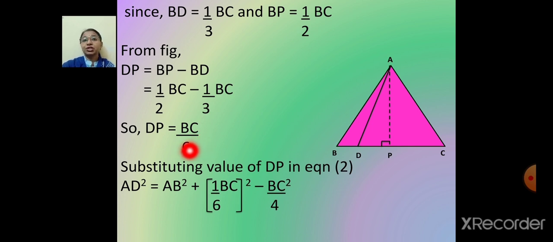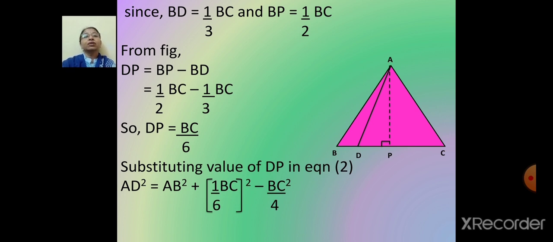So that equation 2 in the previous case, there we will substitute value of DP as BC divided by 6. So substituting value of DP in equation 2, you will get AD square is equal to AB square plus, here there was DP which is replaced by BC upon 6 the whole square minus BC square upon 4 as it is.